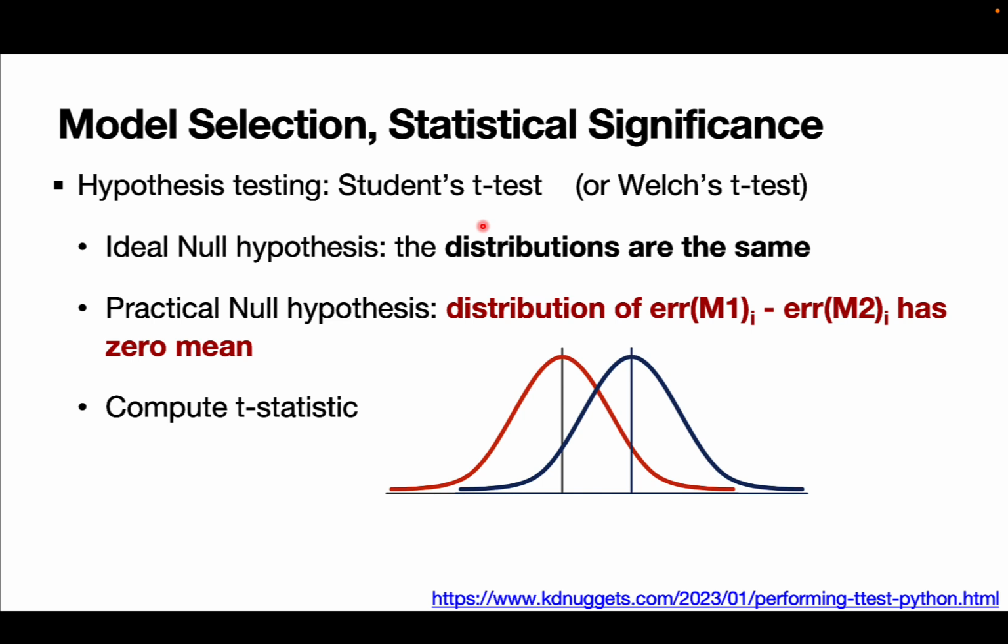In other words, we can say that the mean difference in errors between the two models is 0. And if we are able to reject this hypothesis, we can conclude that one model outperforms the other. However, if we can't reject the null hypothesis, then there is no significant difference. Any model can be chosen.